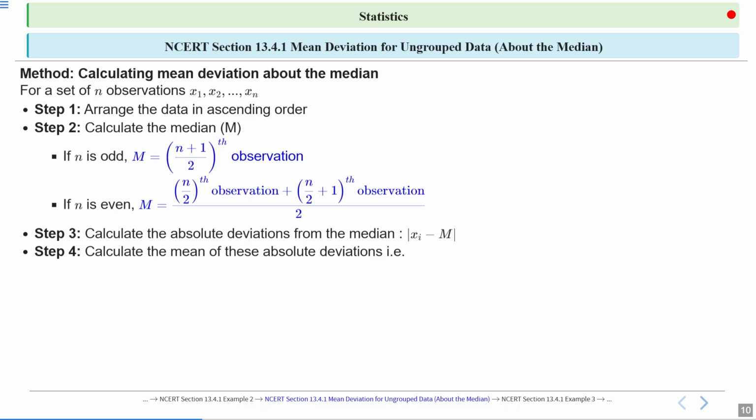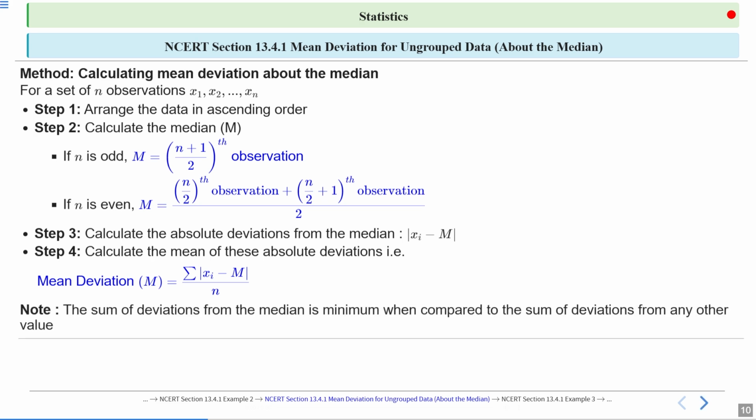That is, mean deviation about m equals the summation of mod xi minus m upon n. Now note this point: the sum of deviations from the median is minimum when compared to the sum of deviations from any other value. This is a very important point to note.